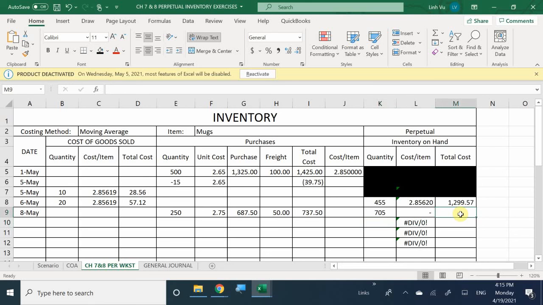I wrote so little I couldn't see it. Okay. All right. So what's my new total cost now? $2,037.07. Good. All right. Bring in my new average cost per item to increase by 3 cents.